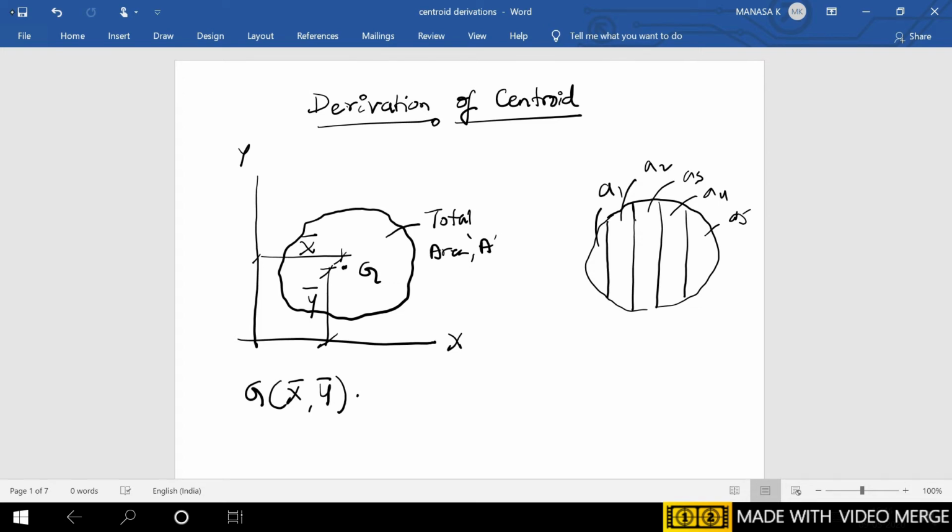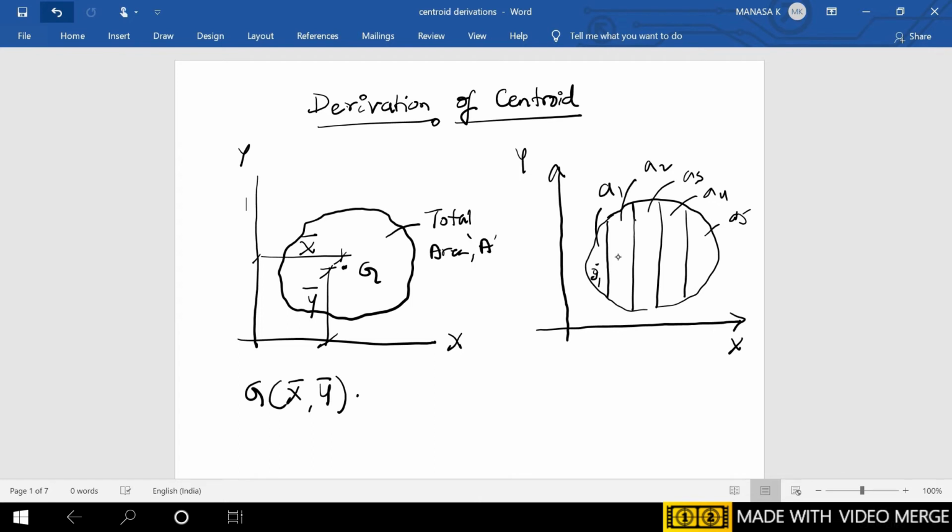So I am having this lamina wherein the reference axis will be the same. I will be taking X and Y as the reference axis, where for these different areas I have to take the centroid. For this area A1 I'll be having a centroid, let us consider it as G1.